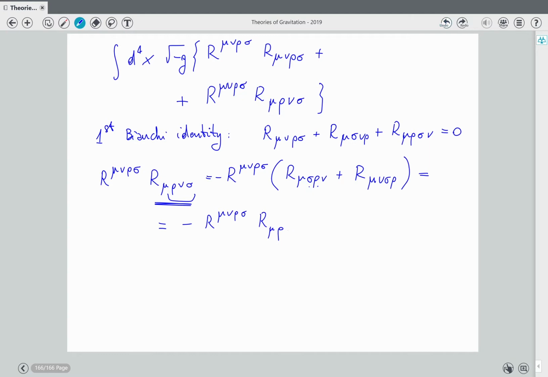So this gives the same. Instead, the other term there is, if you exchange rho and sigma, is that. So you lose the minus sign and you have plus R mu nu rho sigma R mu nu rho sigma. So that means that if you move this one to the left, you get 2, and then you divide by 2, you get that this contraction gives the same result as the other contraction.